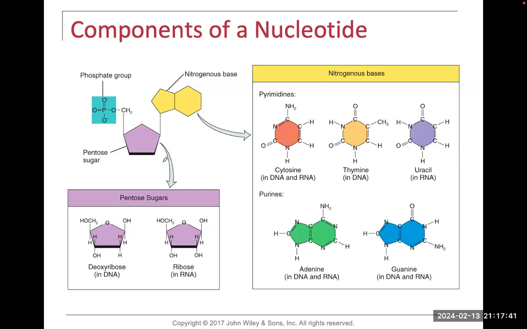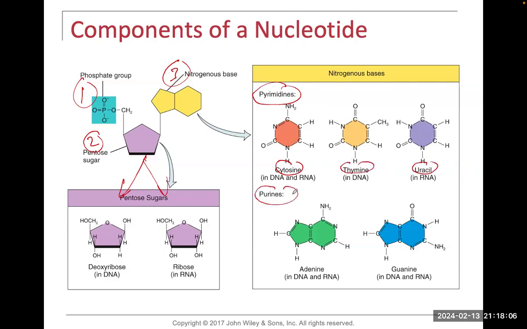All right, again, we have the phosphate group, pentose sugar, and a nitrogenous base. And the pentose sugar can either be a deoxyribose or a ribose. Here are the nitrogenous bases. Here are the pyrimidines: cytosine, thymine, and uracil.